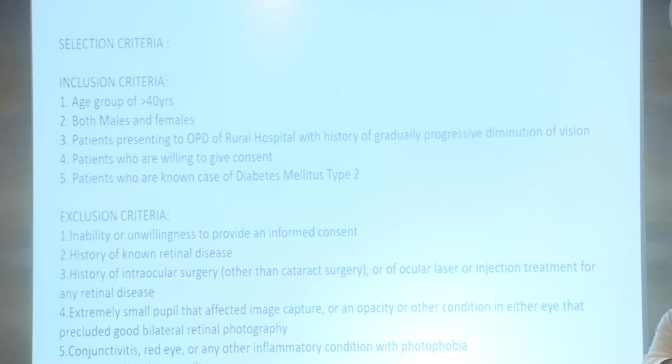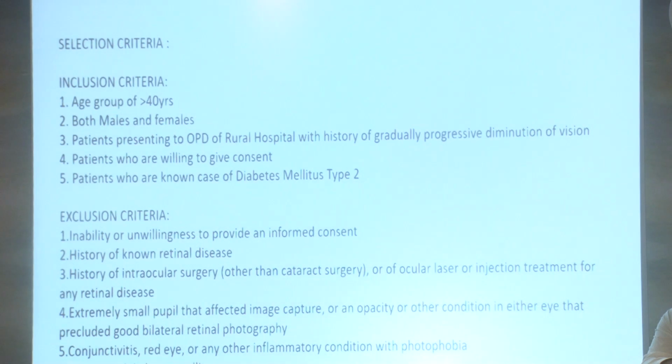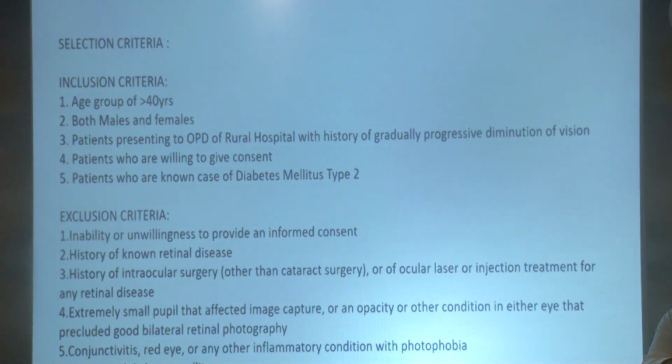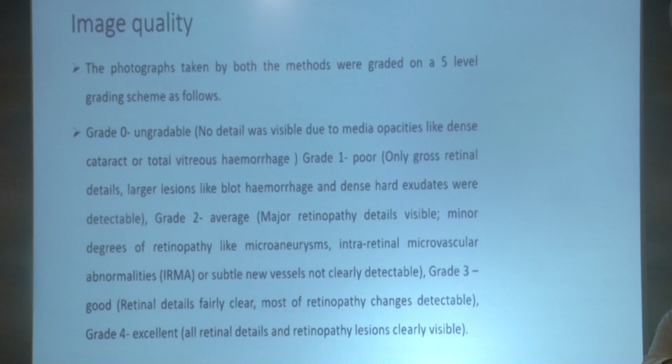Exclusion criteria includes inability or unwillingness to provide an informed consent, history of known retinal disease, history of intraocular surgery or of ocular laser or injection treatment for any retinal disease, extremely small pupil that affected image capture, or any opacity or any other condition in either eye that affected good bilateral retinal photography, conjunctivitis or any other inflammatory condition which causes photophobia, and gestational diabetes mellitus.